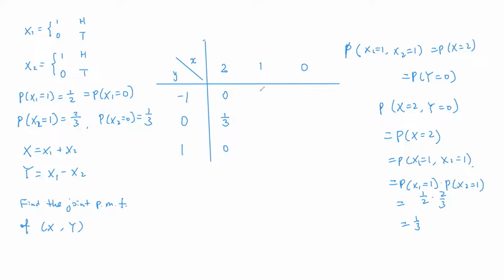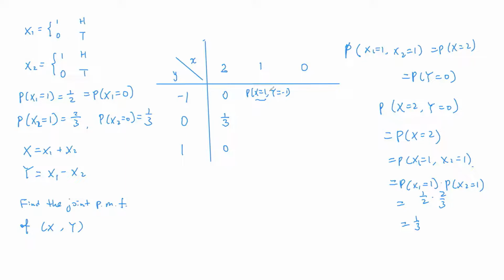Let's look at this one. This number is the probability that capital X equals 1 and capital Y equals negative 1. So that's what it means. X equaling 1, there are two possibilities: one's heads, one's tails.